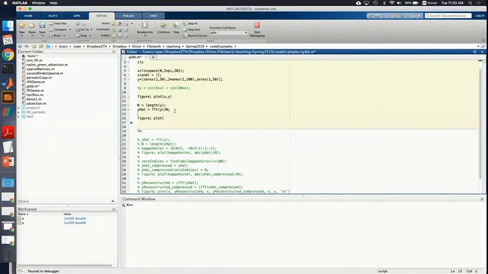I need a kappa vector. Kappa vector goes from 0 to n over 2 and minus n over 2 minus 1 to minus 1.